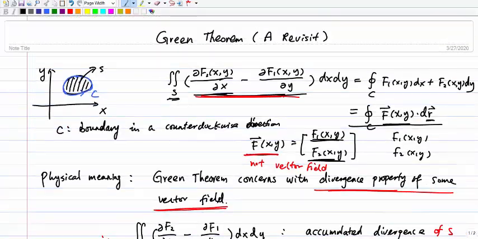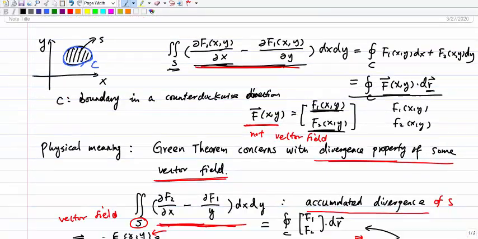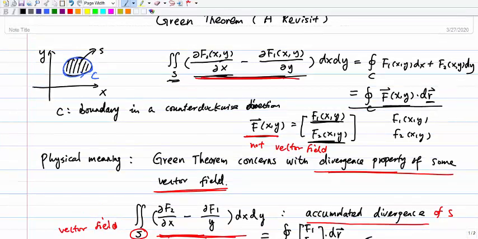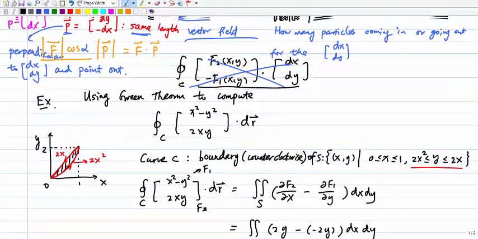What Green's Theorem says is that the divergence of a vector field over a closed region is the same as the divergence only across the boundary. This is what Green's Theorem says, or the physical meaning of Green's Theorem.